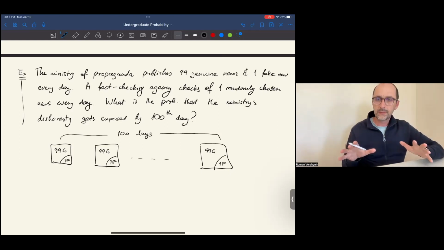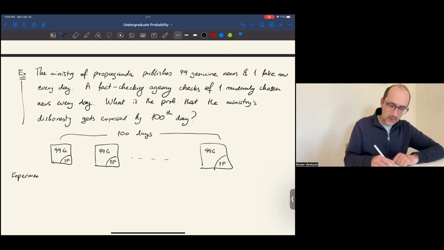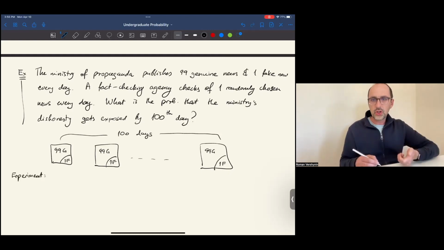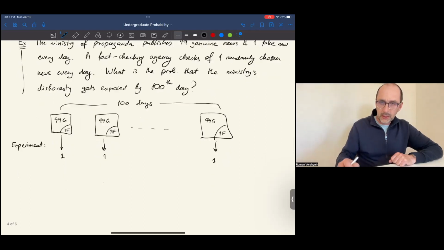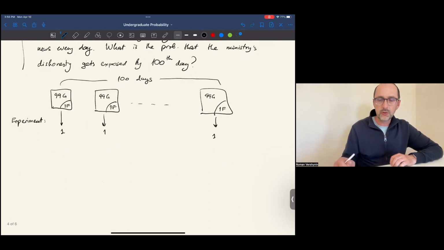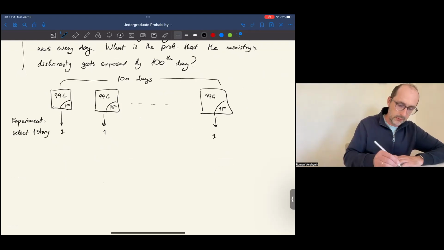Let's formulate this problem in the framework of probability that we just described. The experiment is to check one news every day. So in this experiment, we draw one news from the set of 100 news published by the ministry on each of the days. Select one story every day.